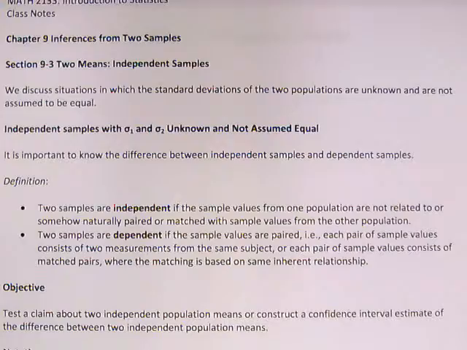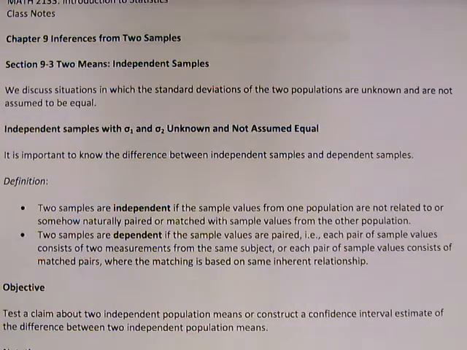For dependent samples, two samples are dependent if the sample values are paired. That means that each pair of sample values consists of two measurements from the same subject, or each pair consists of matched pairs, where the matching is based on some inherent relationship.